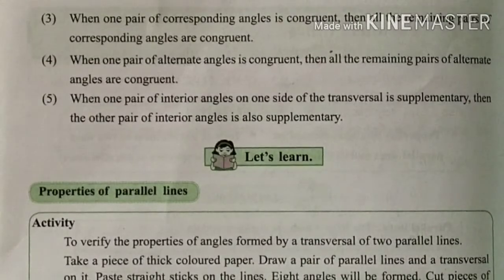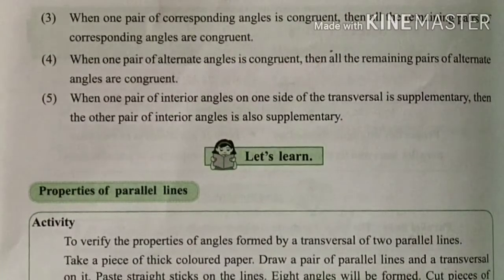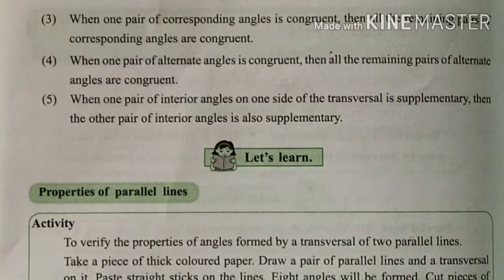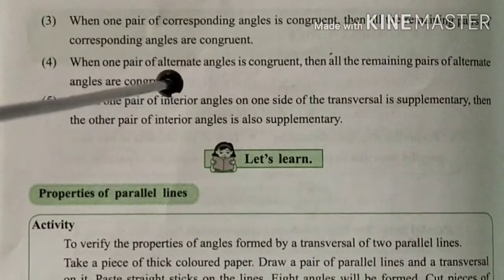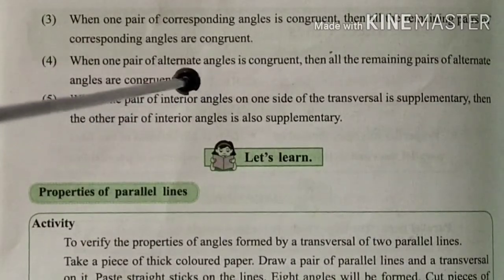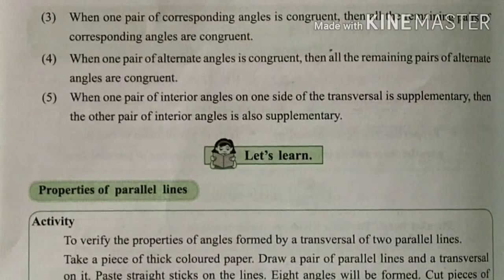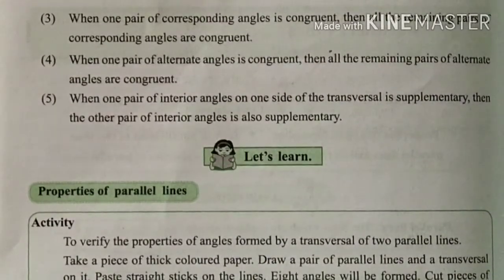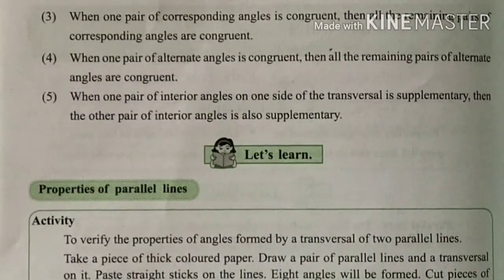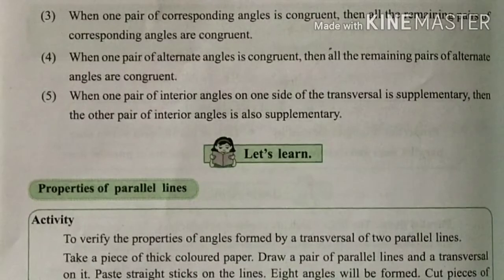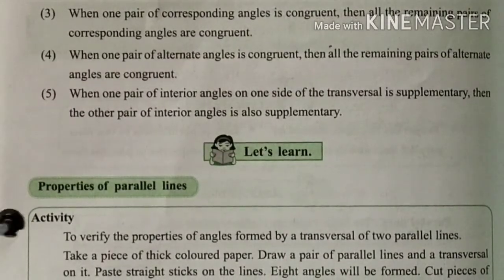When one pair of alternate angles is congruent, then all the remaining pairs of alternate angles are also congruent. Here also we have 4 pairs of alternate angles: 2 pairs are alternate interior angles and 2 pairs are alternate exterior angles. If one pair of alternate angles is congruent, we can say the remaining 3 pairs are also congruent.